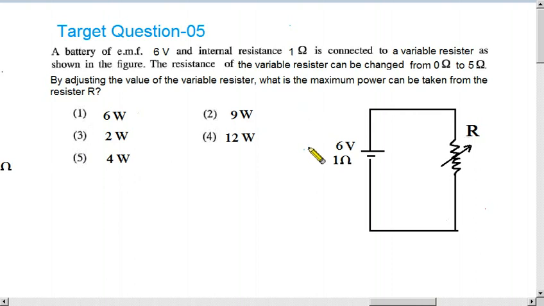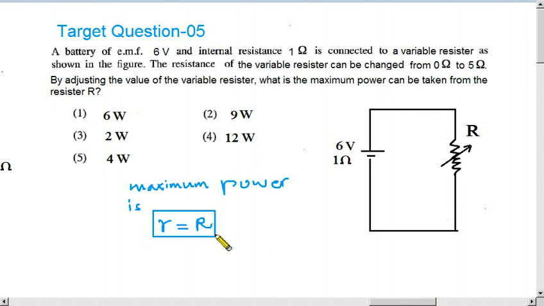So children, to solve this problem you have to use a different type of theory pattern. In the lesson you must have learned that the maximum power is dissipated when simple R equals capital R. This is the condition.